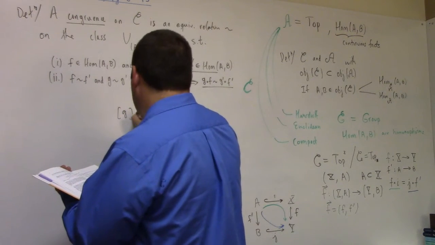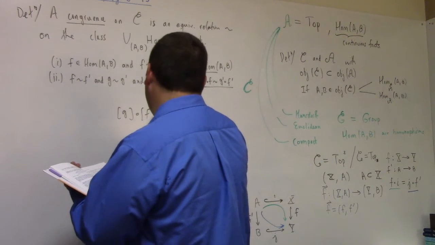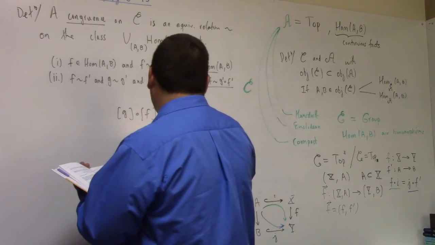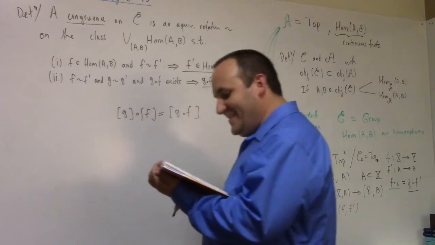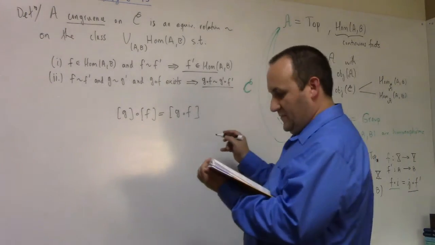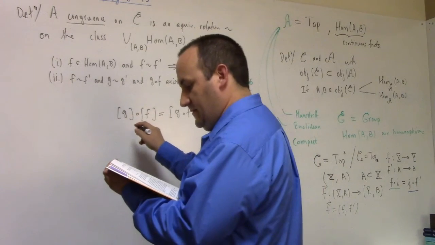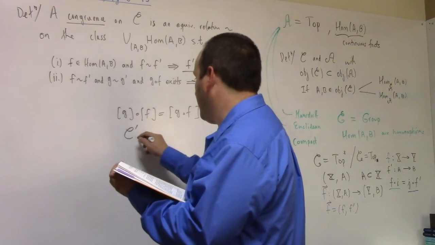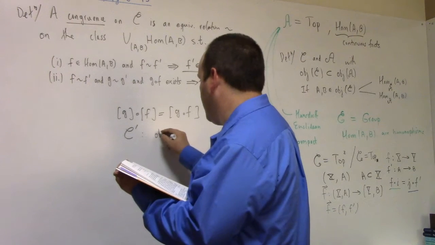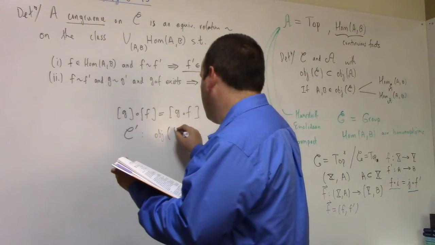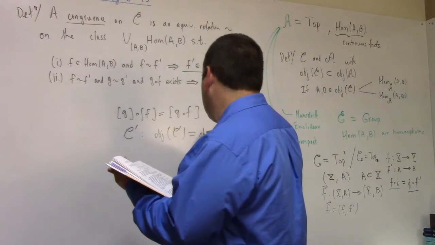So you get this. I should be able to say this in words, but there you get that. So basically the objects of the C prime category are the objects of the C category.